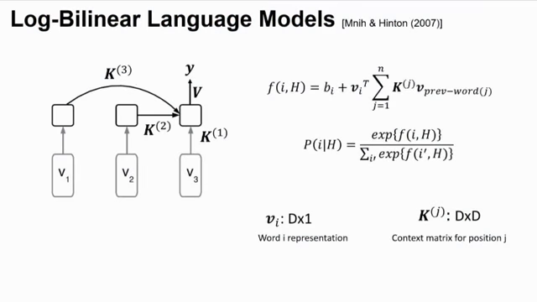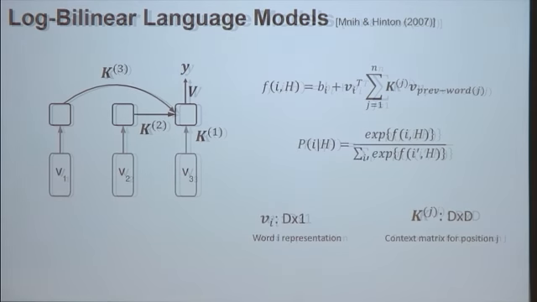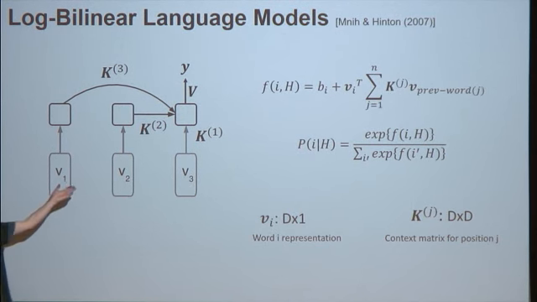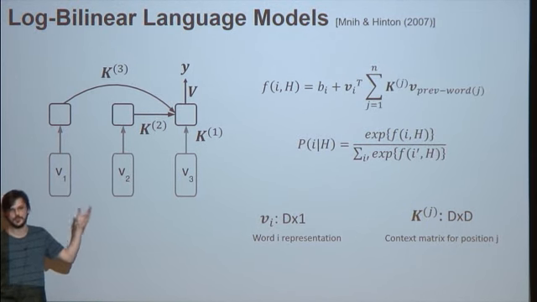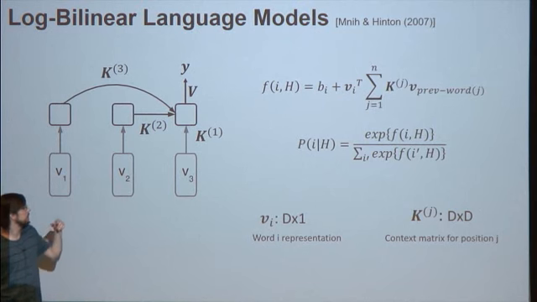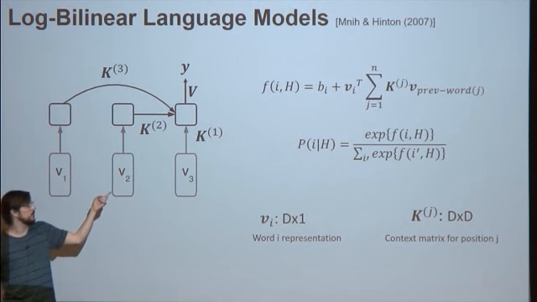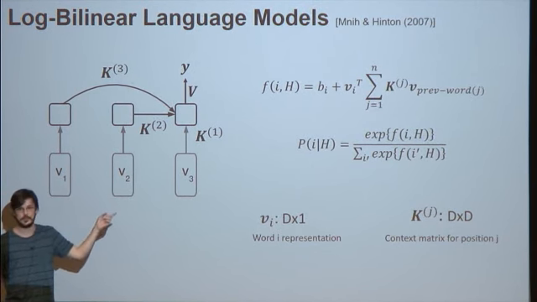So now let's look at these log bilinear language models that came up in machine learning and natural language processing. This is from Mnih and Geoff Hinton in 2007. They do away with the neural network interpretation, and just write down what this score function is. This is a slightly different version of what we saw before, but it has the same general flavor. You now have just one representation vector for each word, the v's here.